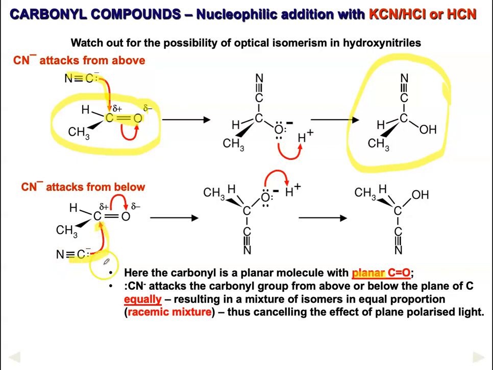The word equally, that's why I've highlighted it in red here, results in a mixture of isomers in equal proportions. So please read this again. The carbonyl is planar. The cyanide ion, the nucleophile, attacks the carbonyl group from above or below the plane equally, resulting in a racemic mixture.